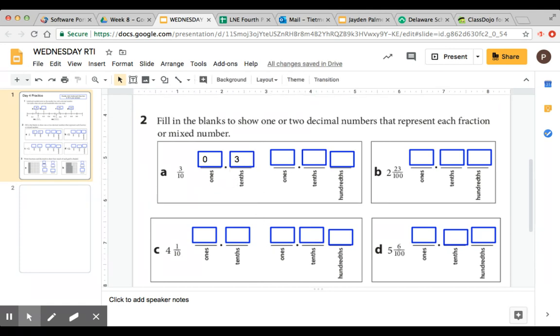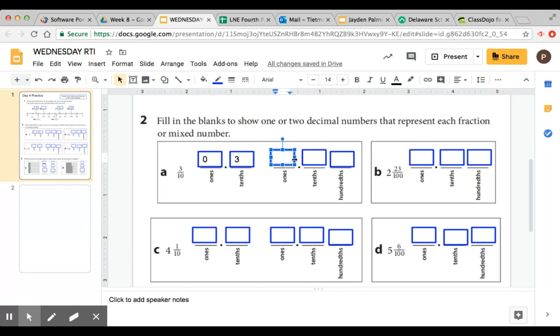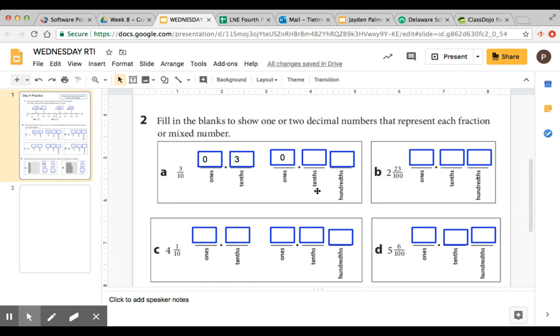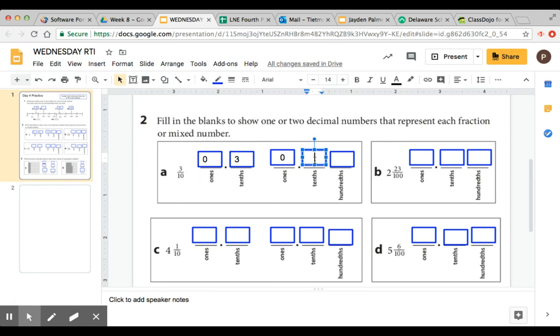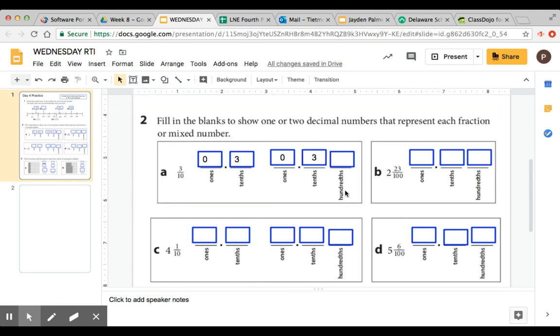0.3. We could write that in another way using the same fraction. Again, I don't have any whole numbers in front here, so that's going to be a 0. Tenths. Well, we already filled in 3/10 here, and we know that our fraction is 3/10, so there are 3 tenths there. That's in our numerator.